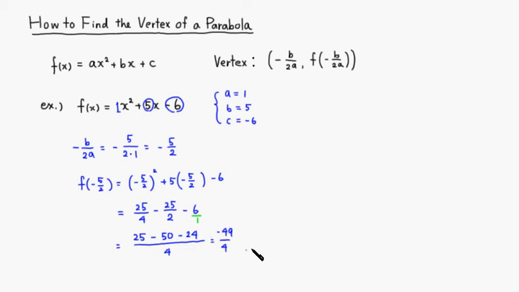So therefore the vertex is negative 5 over 2, comma, negative 49 over 4. So that's the coordinate of the vertex.